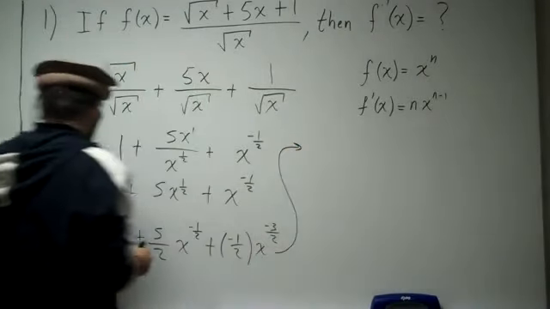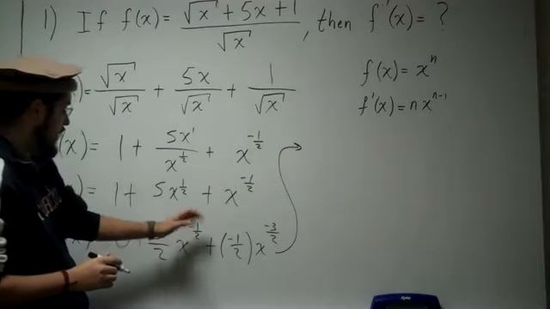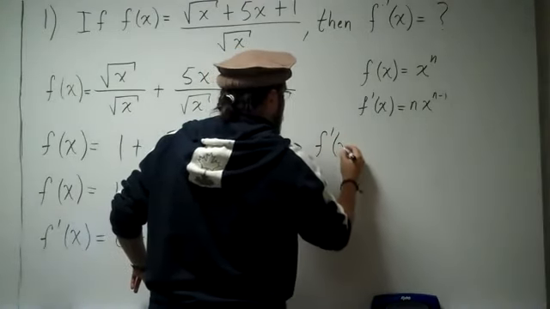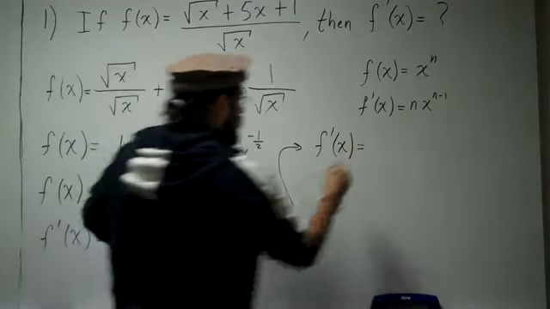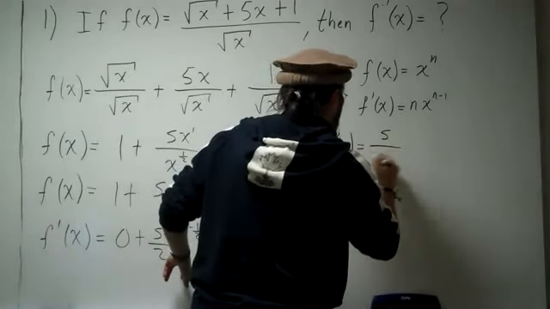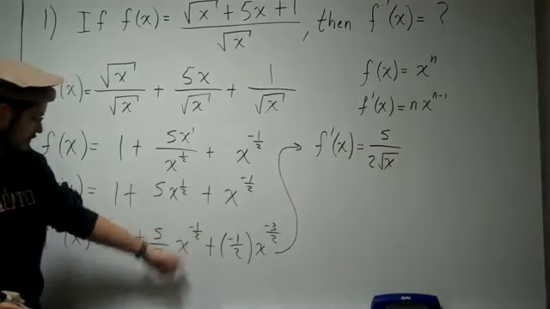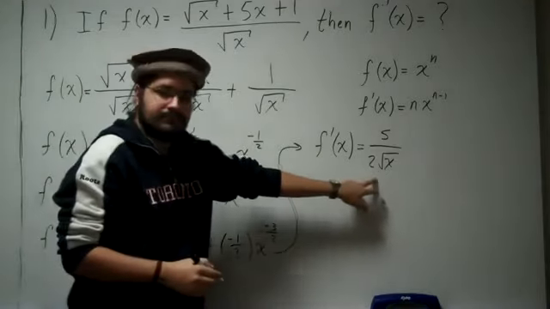The 0 is done. I'm going to bring x to the negative 1/2 down. So now we have f prime of x is equal to 5 divided by 2 square root of x. Brought the x to the 1/2 down, and x to the 1/2 is the same thing as the square root of x.